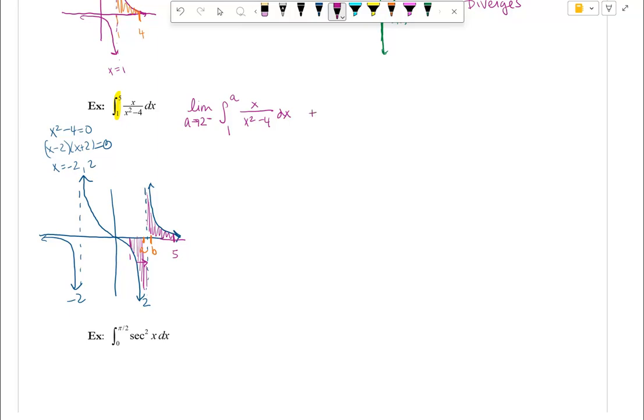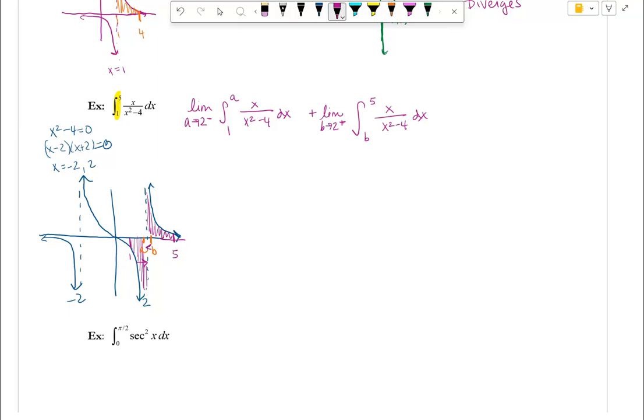Then I'm going to add to that the definite integral from our b value to 5. This time b also needs to approach 2, and b is approaching 2 from the right. So I have to make sure I have that notation there. That limit notation is really important.